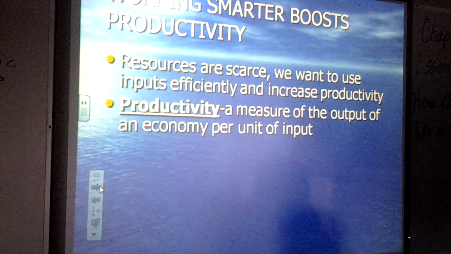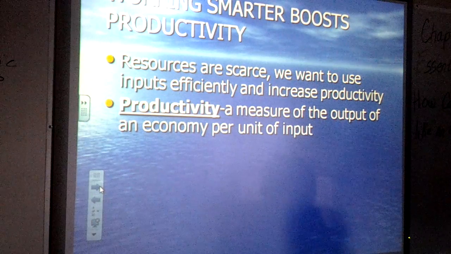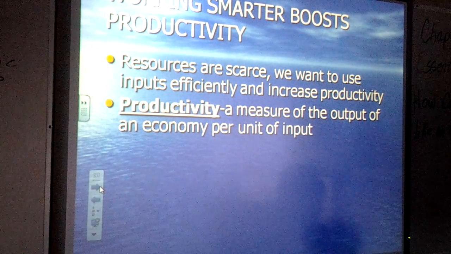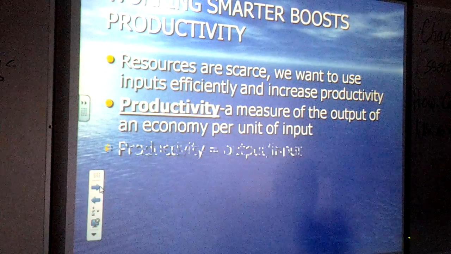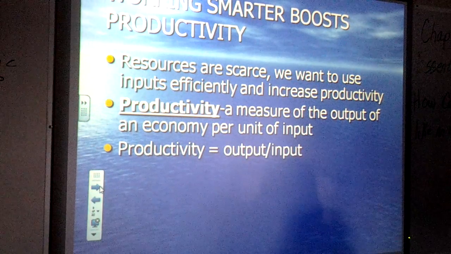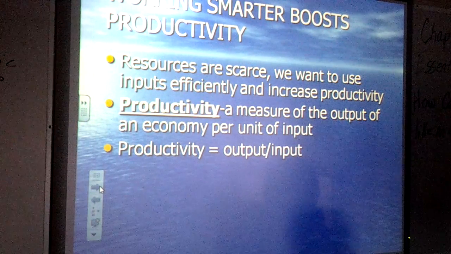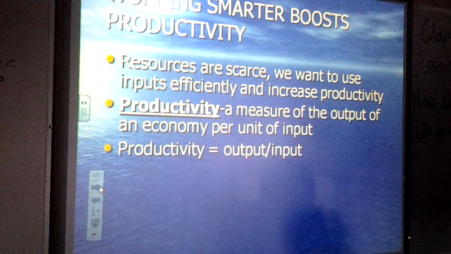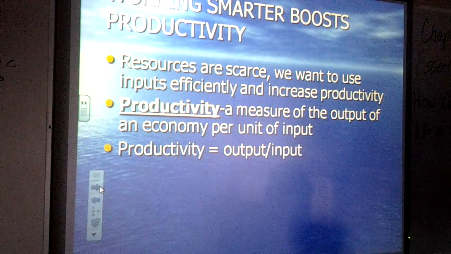If I use a unit of land or wood or some sort of mineral, how much output am I getting from that unit? So the formula for that is output divided by input, and this will be a test question. What is the formula for productivity? It's output divided by input.